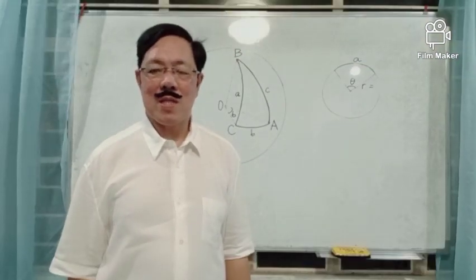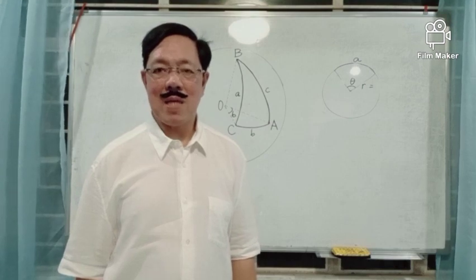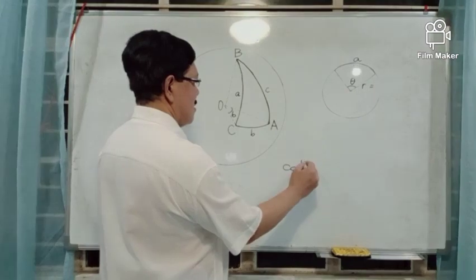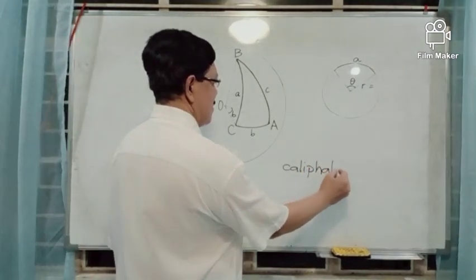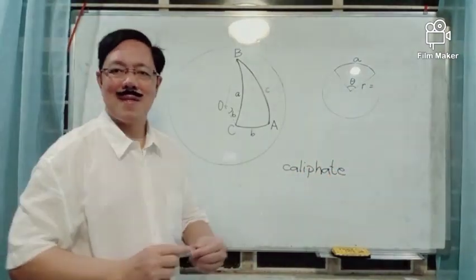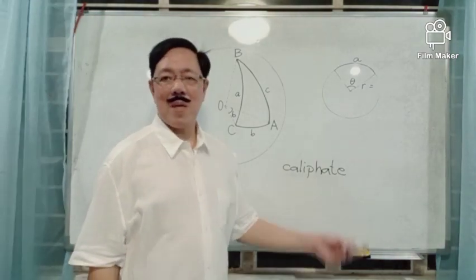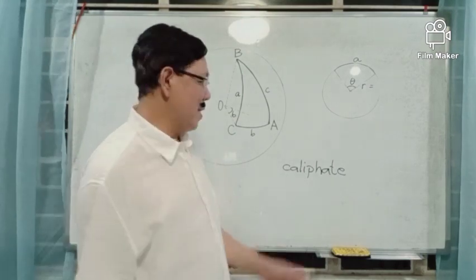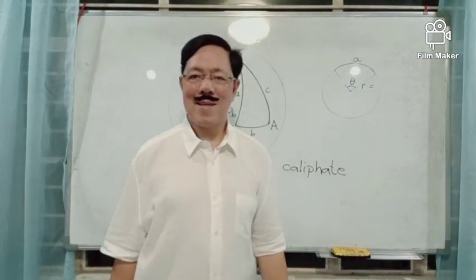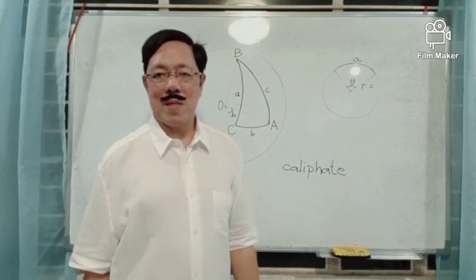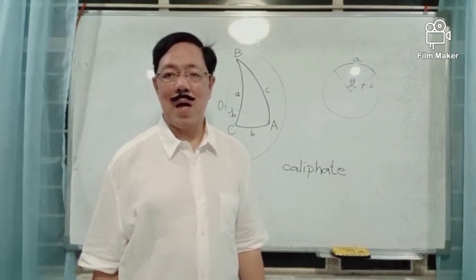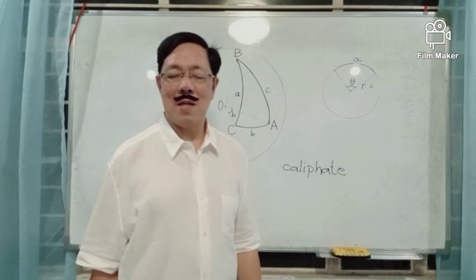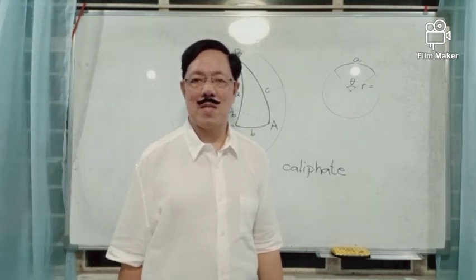Spherical trigonometry originated in the Islamic caliphates. A caliphate is an Islamic state under the leadership of a caliph. And a caliph is said to be a successor of the Islamic prophet Muhammad, who is also the leader of the entire Muslim community.